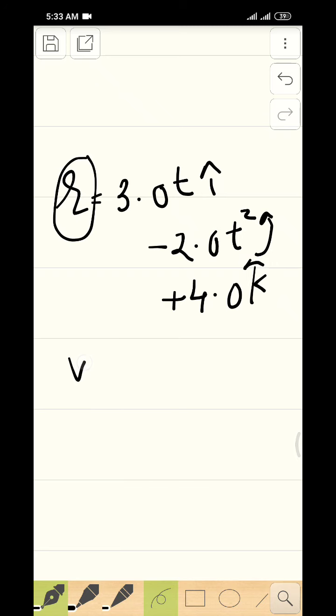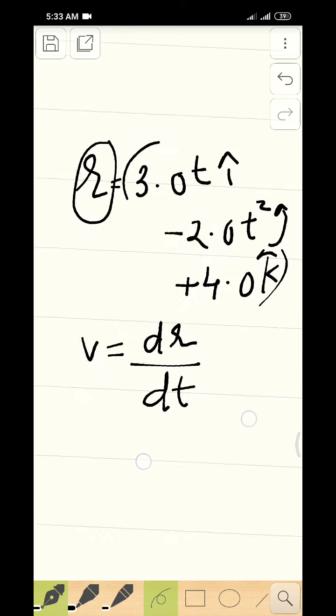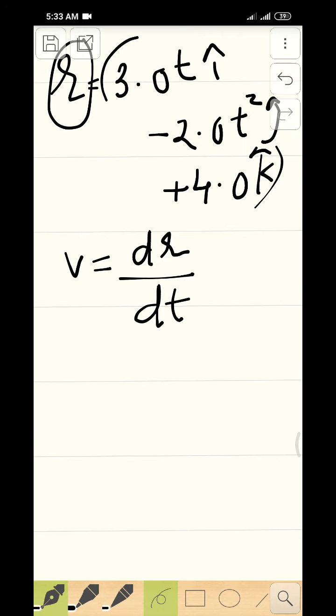So you know that v is equal to dr divided by dt. So you have to find out the d by dt of this entire vector equation. The terms are there in t.